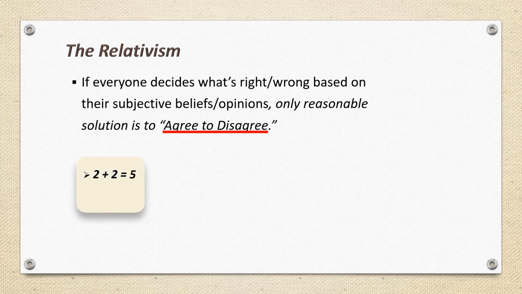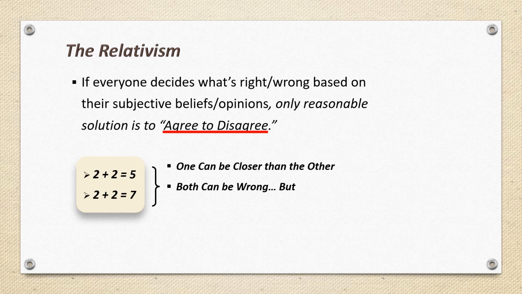Let me put it this way. One person says 2 plus 2 equals 5. Another person says, no, it's 7. Then, one of those answers may be closer to the right answer. We all know the right answer is 4, but these people firmly believe their answers are the correct answer.